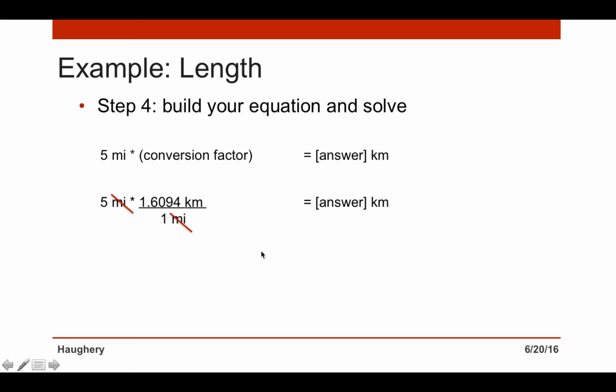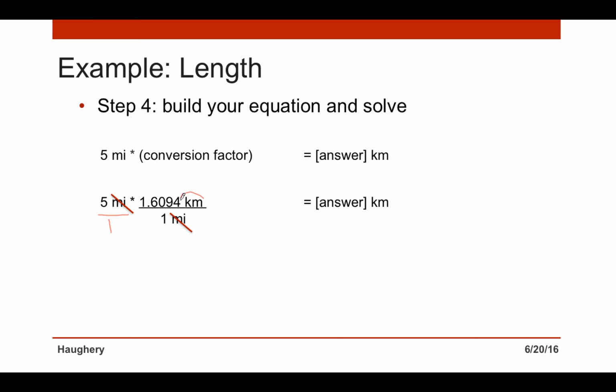The reason that we put in kilometers over miles is because we want to cancel units out. So if we put it in a fractional form, we can think of this as actually 5 miles over 1, right? These cancel out, right? Numerator, denominator, if it's in both, we can cancel out.